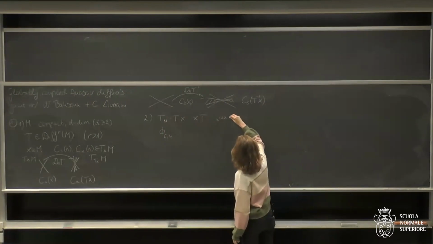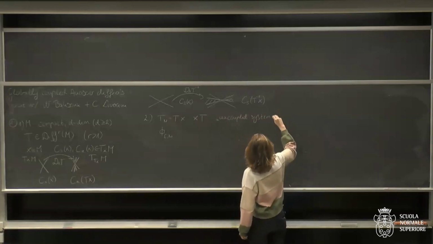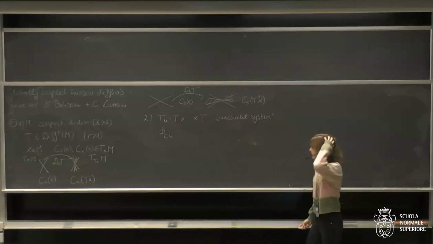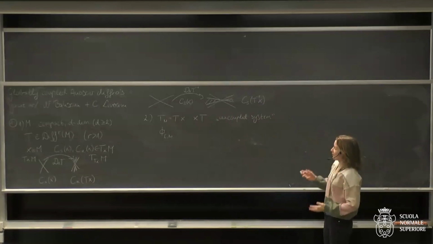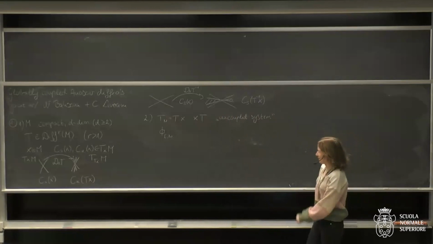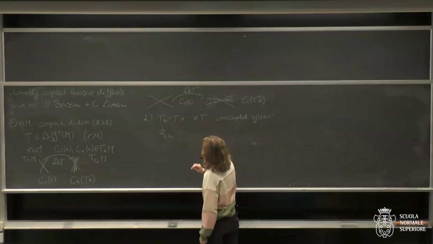So this is the uncoupled system. And now, if we want to define a coupled system that's actually coupled, then we need a coupling map. I'm going to be a little vague here.